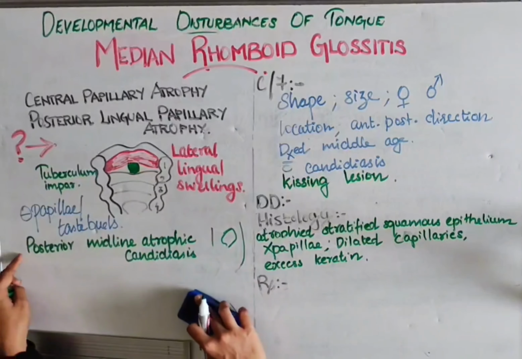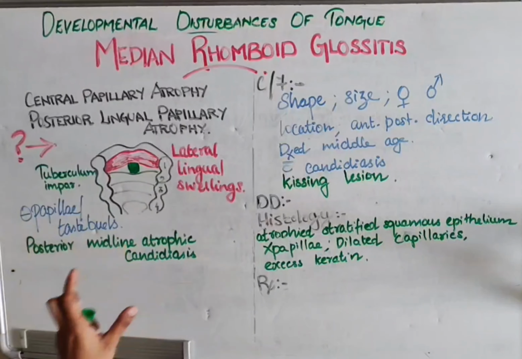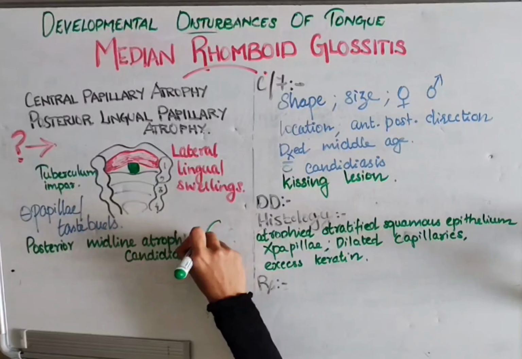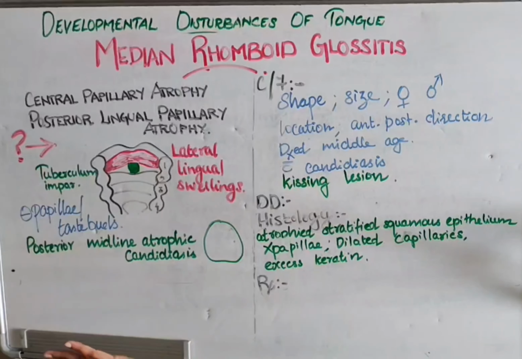Now I have written another name also, which you can see here, that is posterior midline atrophic candidiasis. Why is this? It is called posterior midline atrophic candidiasis because of the recurrent occurrence of a chronic atrophic candidiasis. I told you that it is a smooth erythematous area, and erythematous means reddish in color.